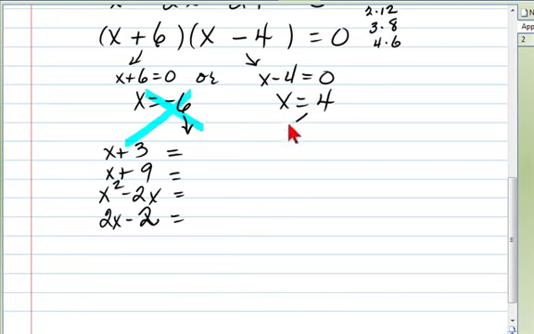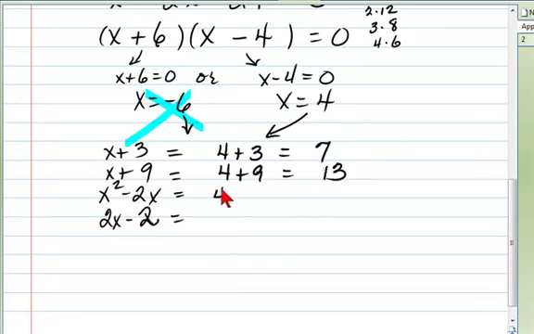All right, so I'm going to now use this one, and I'm going to have 4 plus 3, which is 7, the first length. I'm going to have 4 plus 9. The next length is 13. I'm going to have 4 squared minus 2 times 4, which is 16 minus 8, or 8.